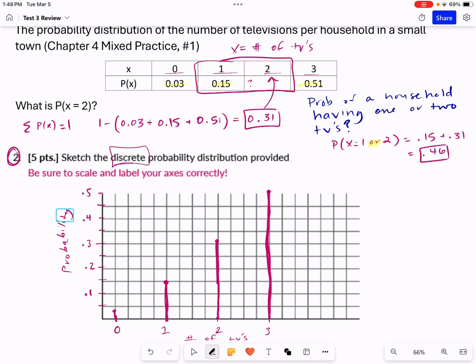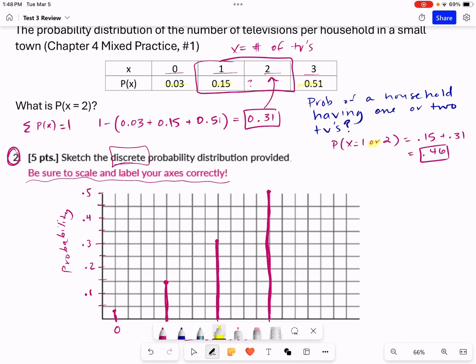So that's what I'm looking for when I ask you to graph or sketch this discrete probability distribution. It'll say provided in question number whatever. That's what I want to see. Make sure you label and scale your axes.